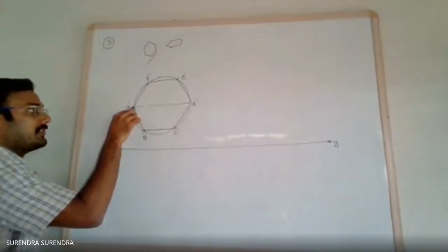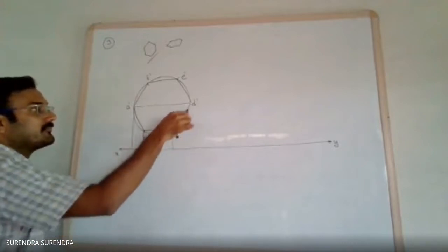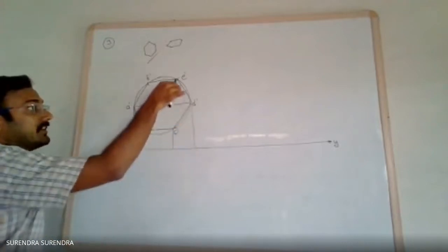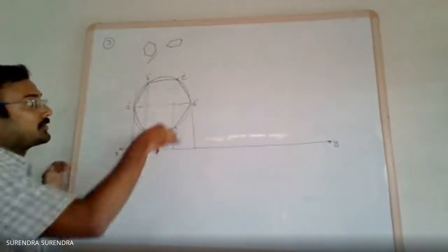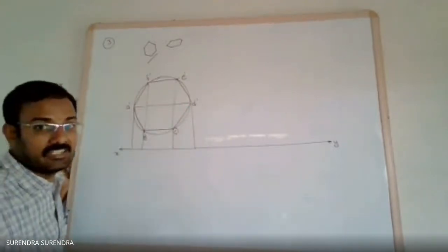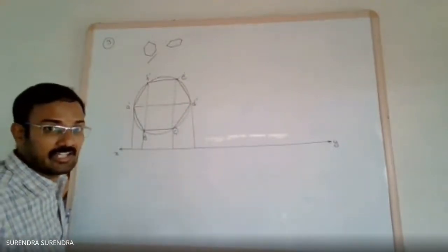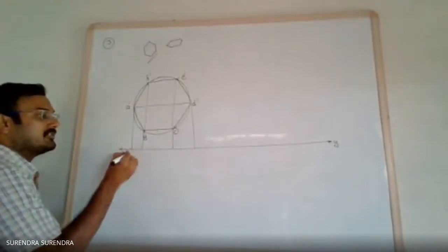So project each and every point only up to the XY line. So we get the same projections from B, F, C and E. C dash, E dash, B dash and F dash, and these points are projections from A dash.